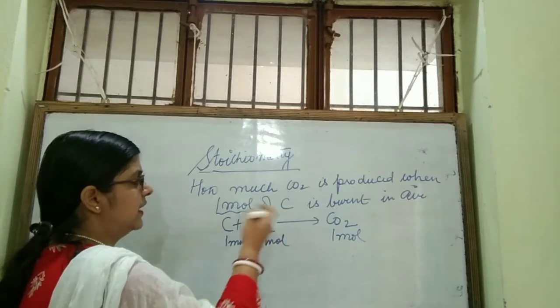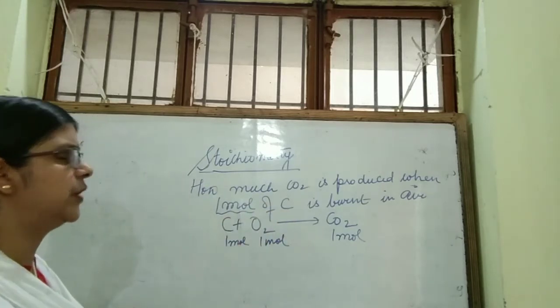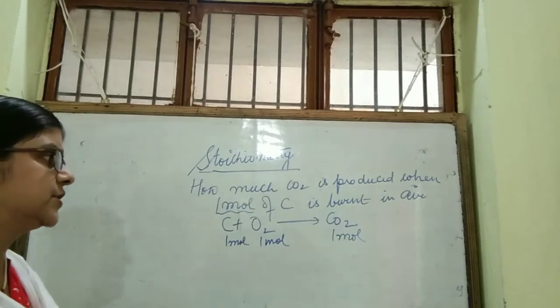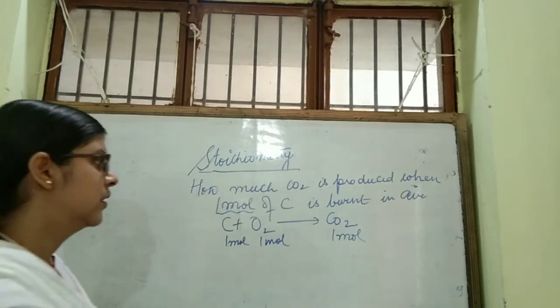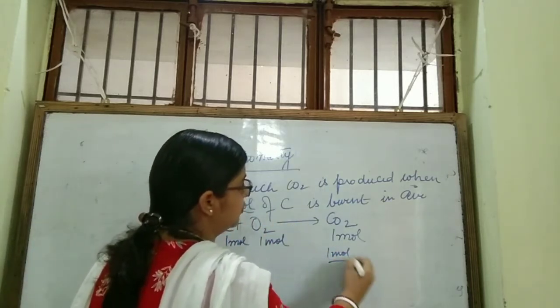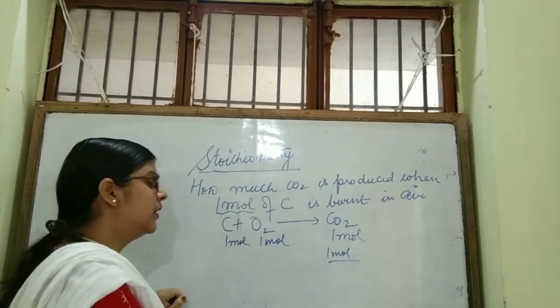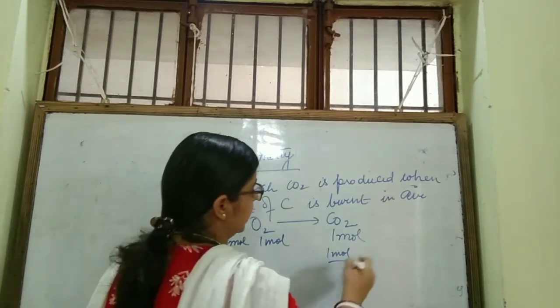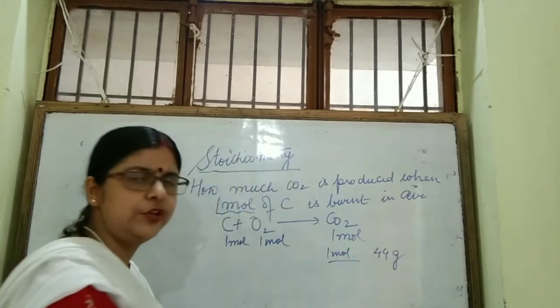So you can easily answer this question. How much carbon dioxide is produced when 1 mole of carbon is burnt in air? 1 mole carbon dioxide will be produced. Next, in terms of mass, 44 gram of carbon dioxide will be produced.